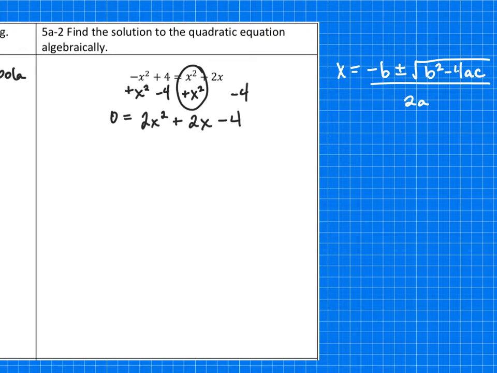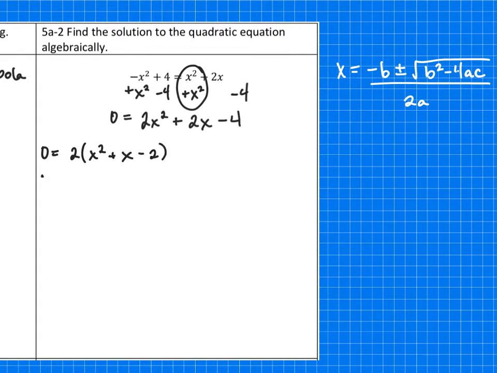If you factor, I would recommend looking for a greatest common factor first. All three of these terms are divisible by 2, so I'm going to rewrite this as 2 times x squared plus x minus 2.